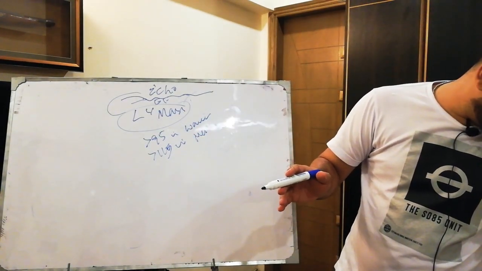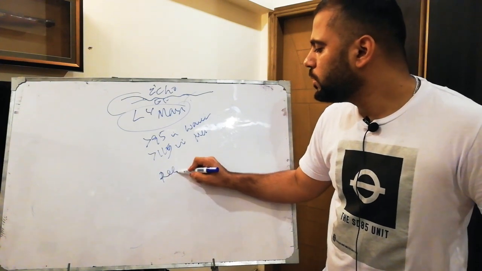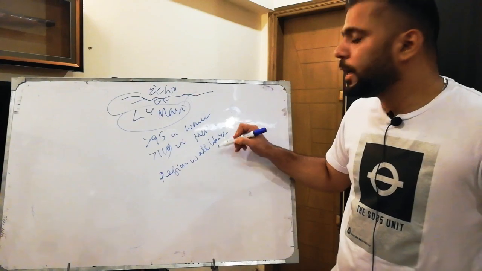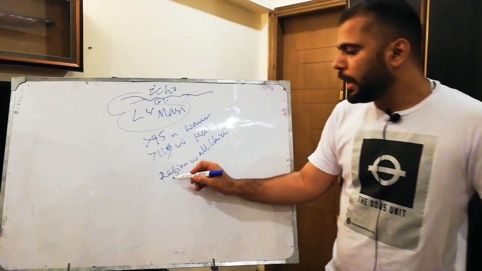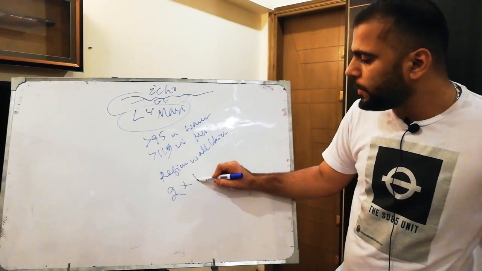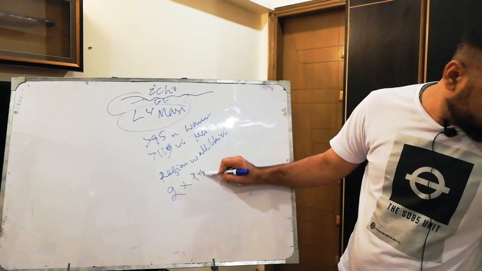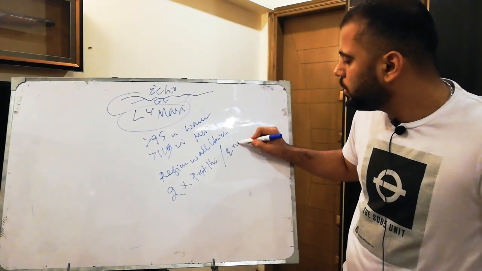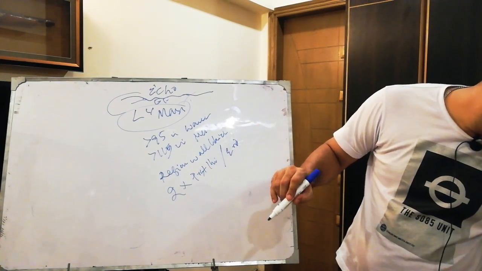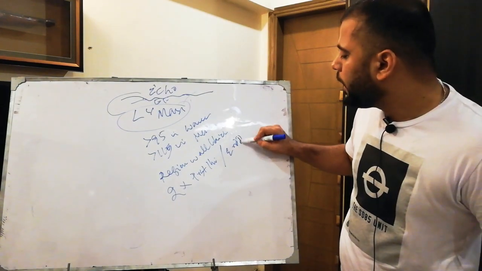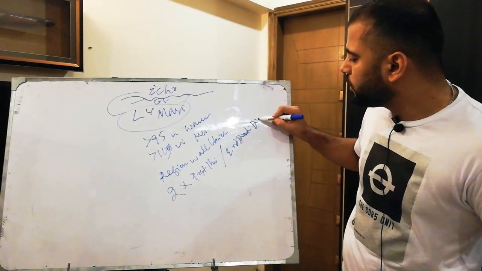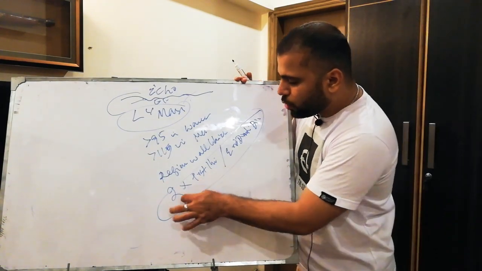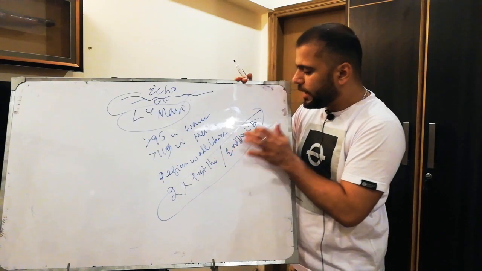And if you want to calculate the relative wall thickness, it again tells us about the prognosis, and how would you calculate it? 2 multiplied by posterior wall thickness divided by the end diastolic dimension.